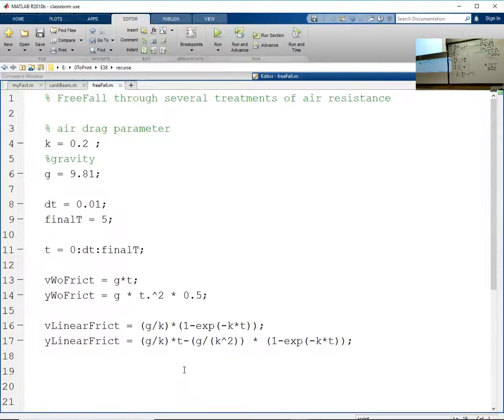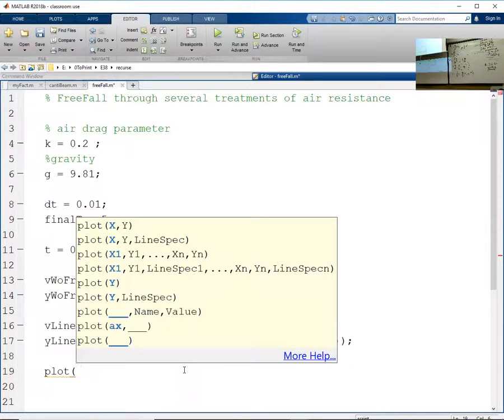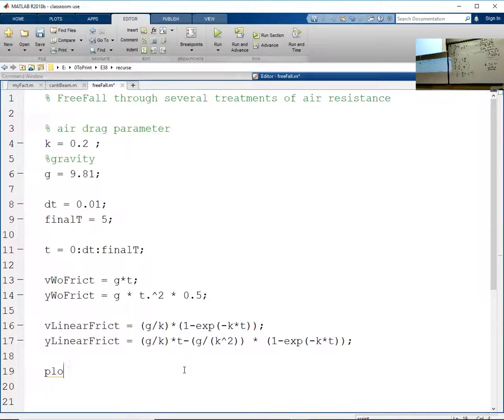Now all I want to do is plot these guys. I want to plot both of them. What should I plot against? Should I plot V versus Y, or versus time?